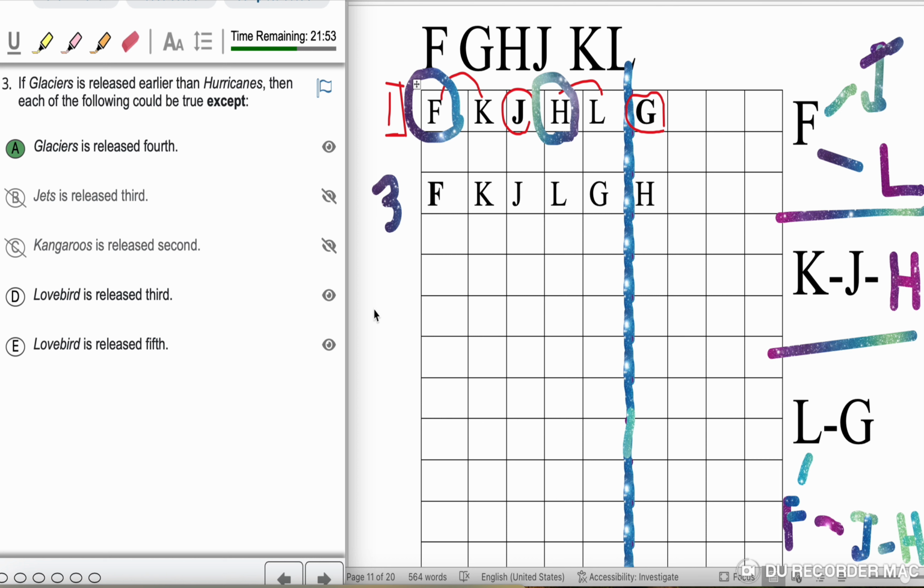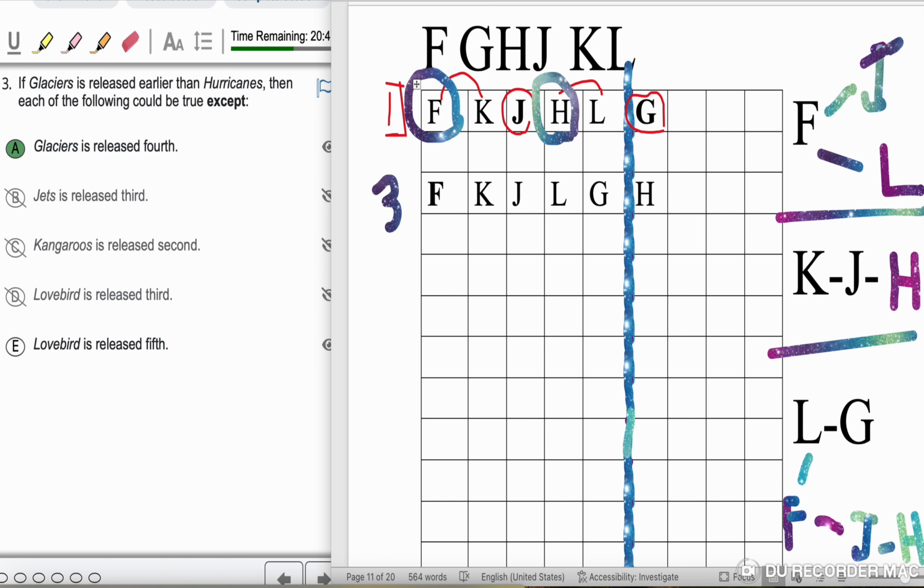Technically, yeah, L can be third. L can be fifth. If L's fifth, that means G is going to have to be in a position. We could release L or G fourth if we would push back L here and then put G in this position. However, for choice E, L can be fifth.